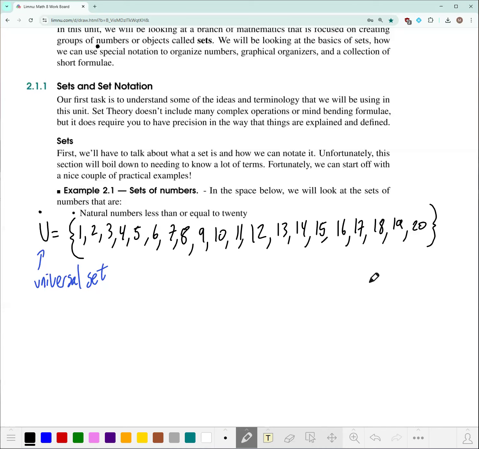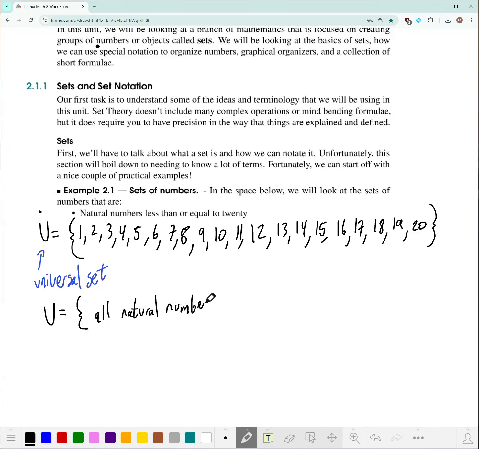This is pretty nasty, right? So maybe we'll write it another way. One way you can write a set is to say it descriptively. So I could say the set U is all natural numbers... that's an M. Let's try again.